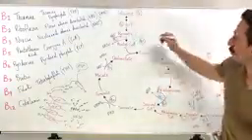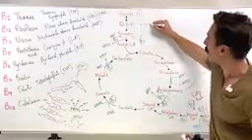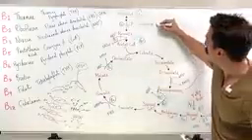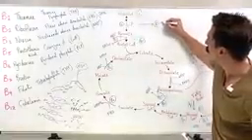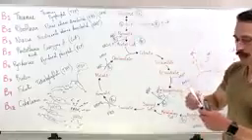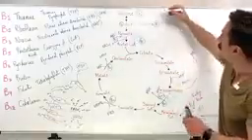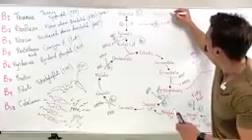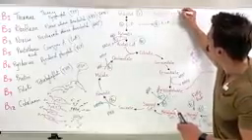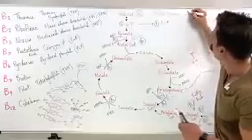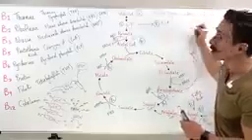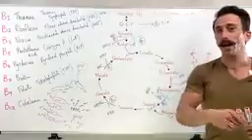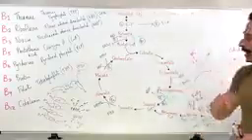But importantly, glucose 6-phosphate can go down another pathway. This pathway, where we turn glucose 6-phosphate into ribose 5-phosphate, is known as the pentose phosphate pathway. And it's a pathway that's important to produce nucleotides, which we know is important for DNA synthesis and RNA synthesis.